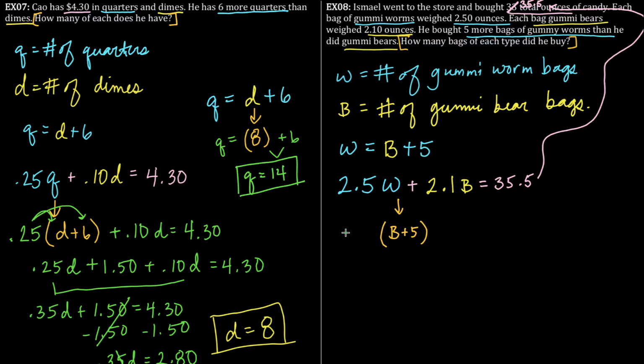And then the rest in green. So 2.5 times B plus 5 plus 2.1 B equals 35.5.